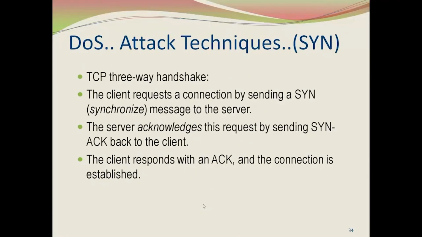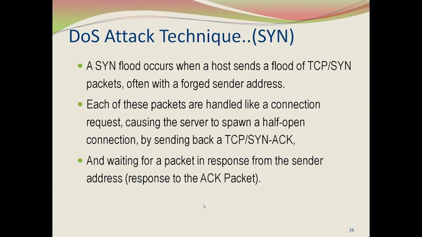So, what will the server do? The server will obviously send this second message, TCP SYN-ACK, okay, it sends back, but now it is for the client part to send the ACK message back such that the connection is established and data transmission starts.